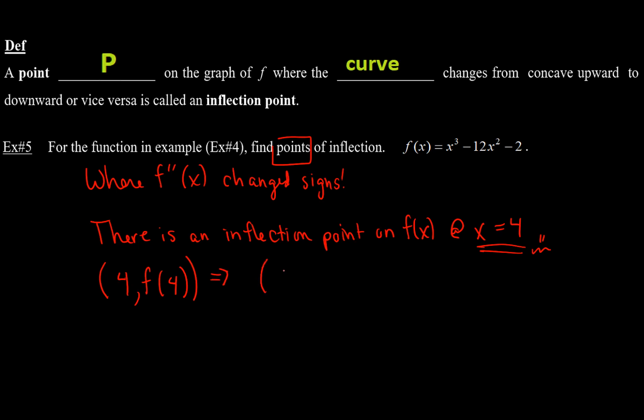All right, so I've got the point 4, and then we're going to look at x cubed minus 12x squared minus 2. So 4 cubed minus 12 times 4 squared minus 2. And that gives me negative 130. So that's my inflection point.